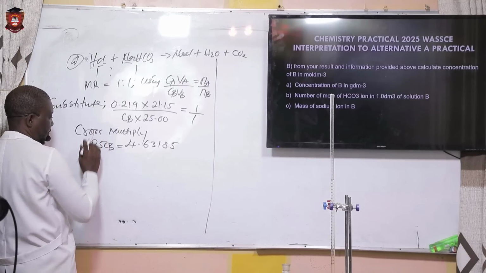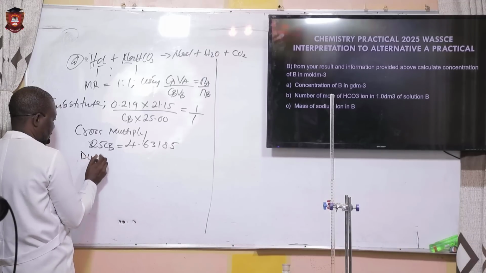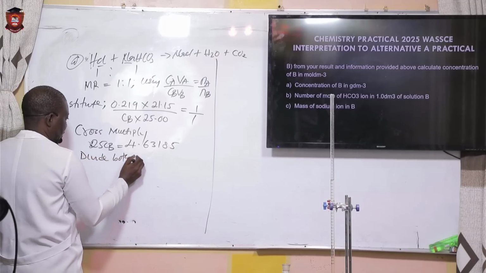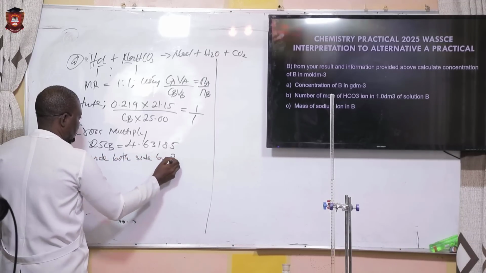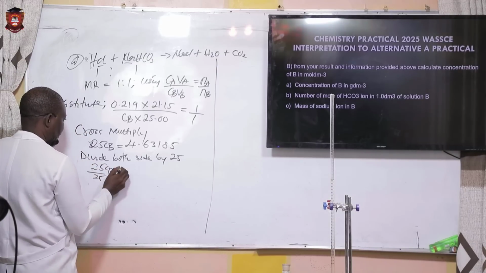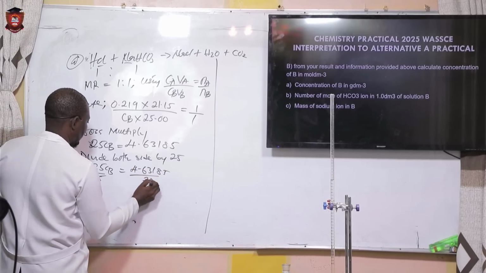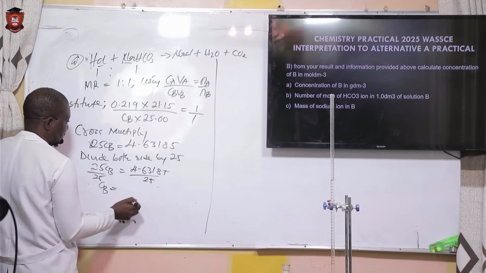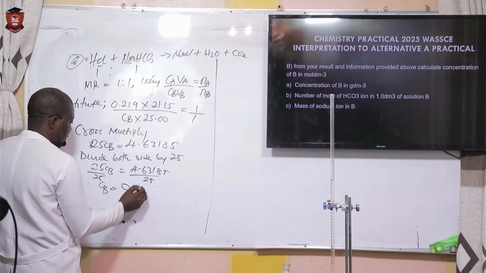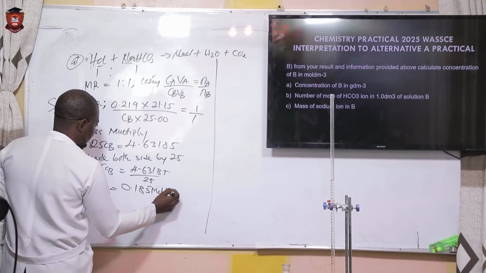Any step you are doing, just make sure you state what you are doing. So at this point you say divide both sides by 25. 25 Cb over 25, 4.6185 over 25, so that Cb alone now is what? 0.185 mole per dm³.